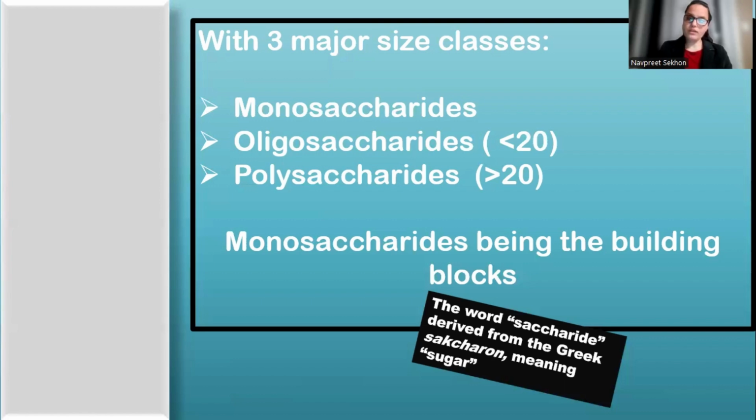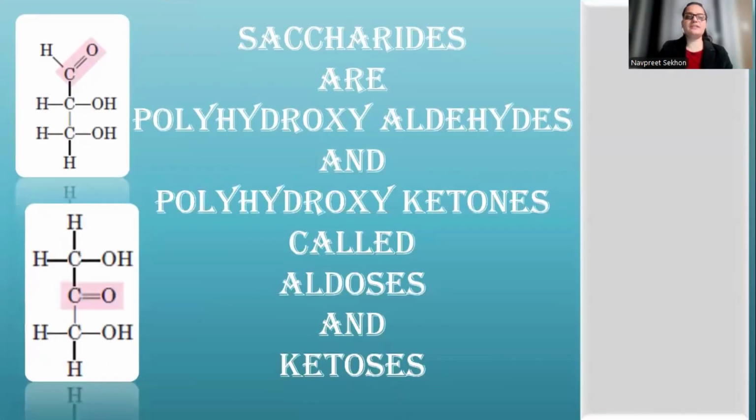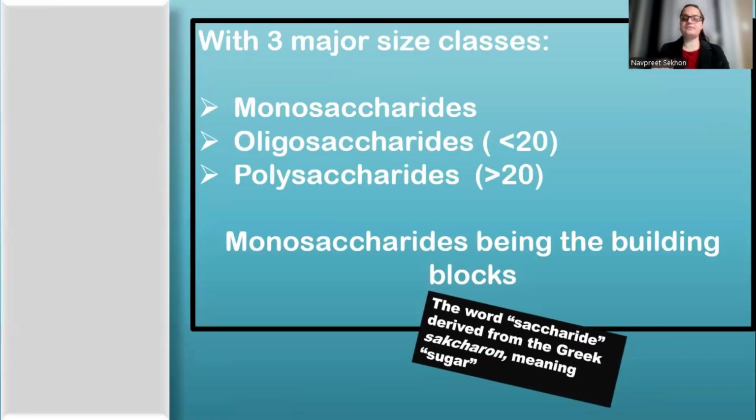So we are going to discuss these things, but before that, we need to discuss a very important thing about all the biomolecules. One thing we have studied about all the biomolecules is that they are macromolecules. Each and every kind of biomolecule is made up of smaller subunits.